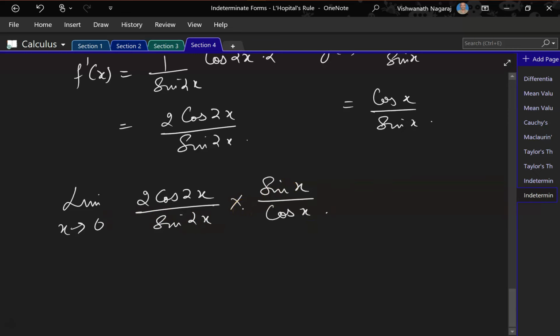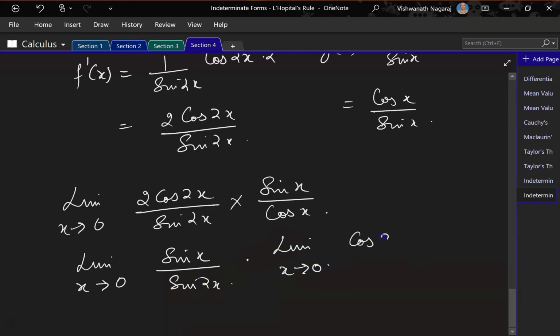So let's put them together. So let's say limit as x approaches 0 of sin x by sin 2x times, let's separate out the limits. Limit as x approaches 0 of cos 2x by cos x, and this 2 we take it out.